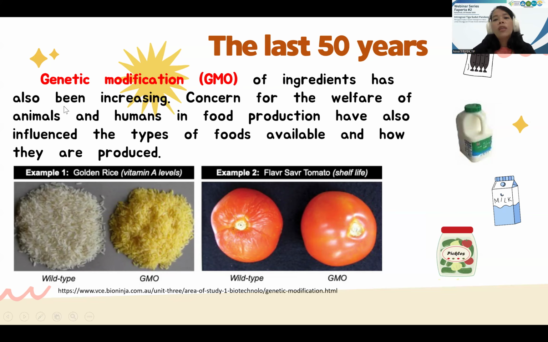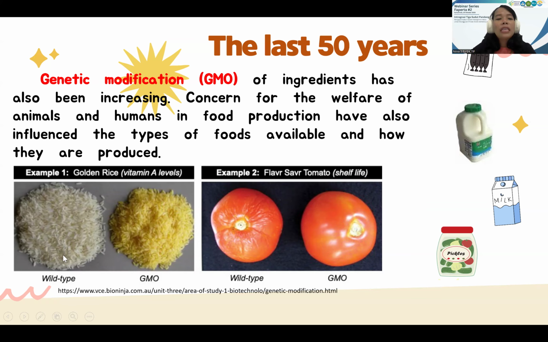Concern is not only about how to prepare the food, how to keep the food, how to store the food for longer, but it also increased how to handle the food and how to modify the food like what we want. For example, this example, golden rice.